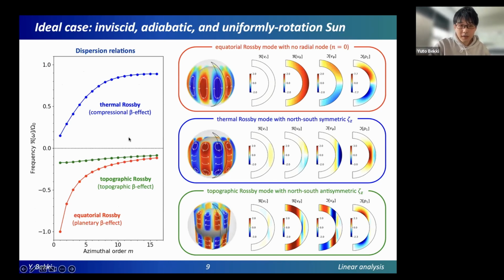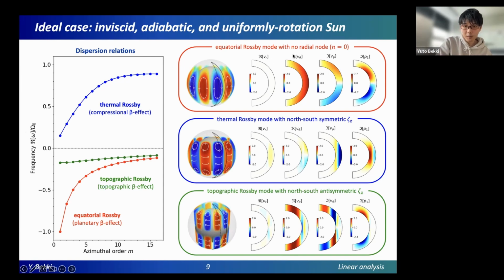All right, so this is the result from the ideal case. On the left, I show the dispersion diagram. And on the right, I show the eigenfunctions of the 3 components of the velocity and pressure perturbation. Positive frequency, the real part of the eigenfrequency, corresponds to the prograde phase propagation, and the negative corresponds to the retrograde.